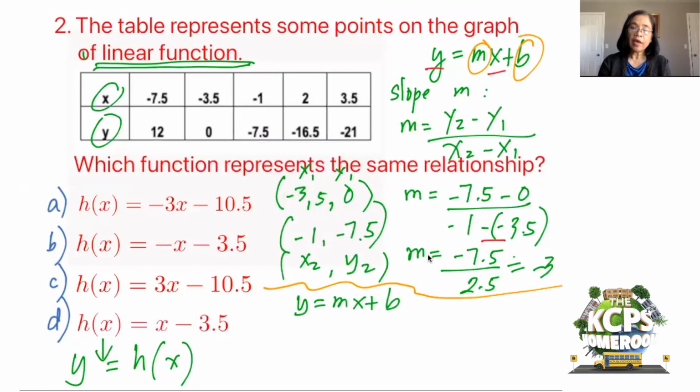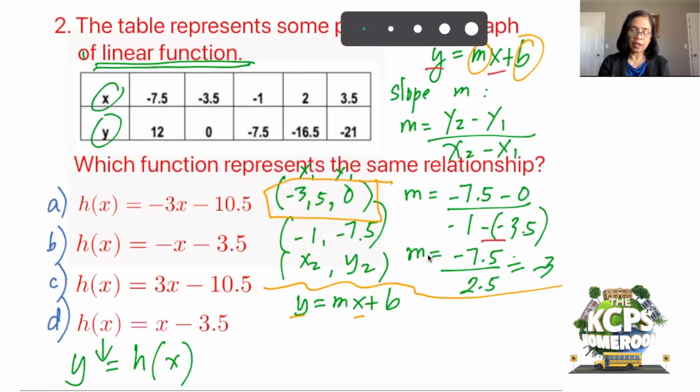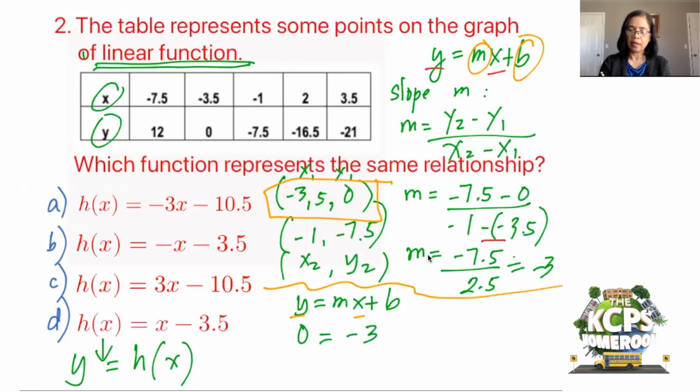We already have m, and to solve for b, we can substitute any value for x and y here. I will choose a more convenient point, negative 3.5 and 0 as my x and y. Substituting, y will be 0. We already have our m, which is negative 3, which we found earlier.